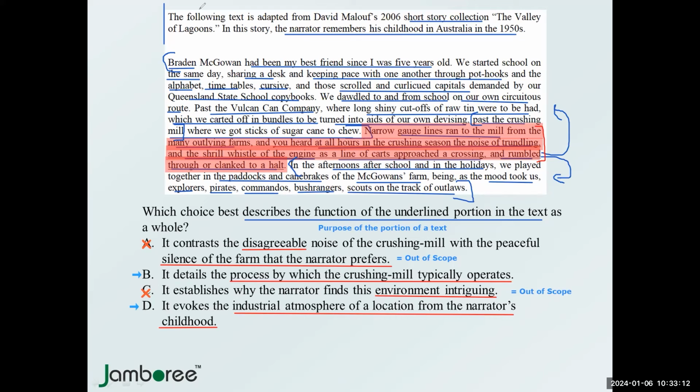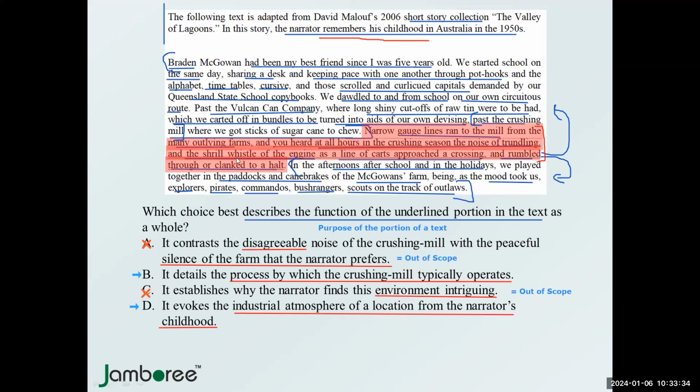The blurb also tells us that the narrator is remembering his childhood. So, on the basis of what the text is hinting at, this entire part tells you a small event from the narrator's life, from his childhood.